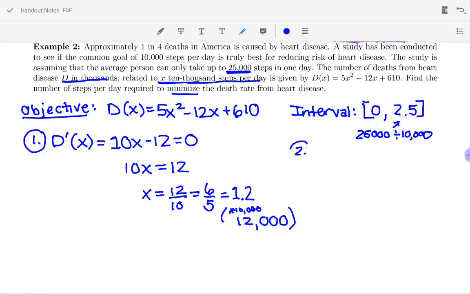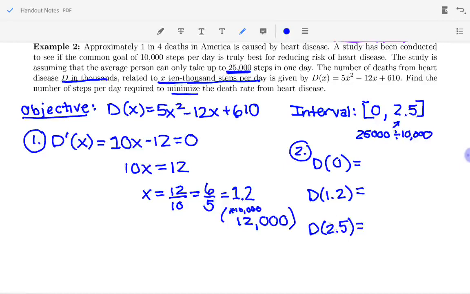Interestingly enough, 10,000 doesn't even end up being a critical number, so we don't have to test it. Absolute extrema come from either our endpoints, 0 and 2.5, or maybe the absolute min is at that critical number in between. It's not going to be at any random number besides that. It's at a critical number or an endpoint.